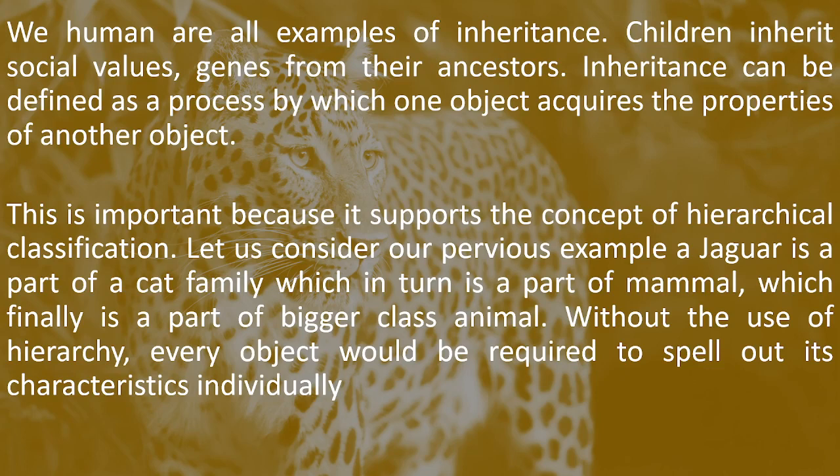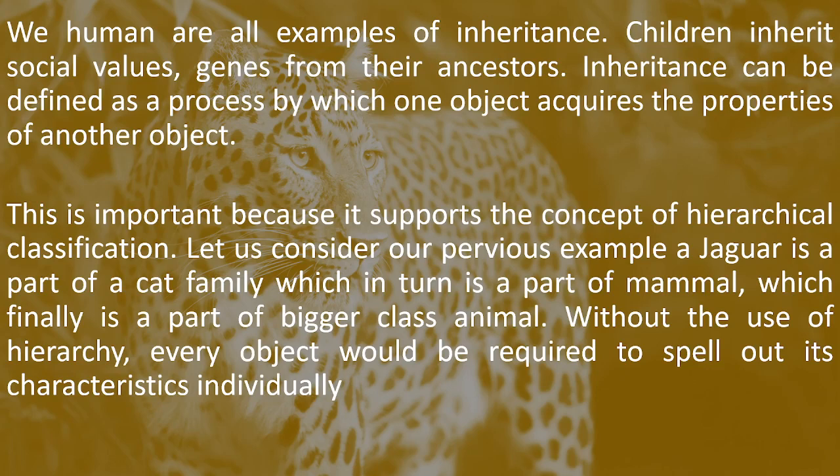So animal, mammals, and so on. Without the use of hierarchy, every object would be required to spell out its characteristics individually. That means every individual would have to have its own characteristics defined separately.